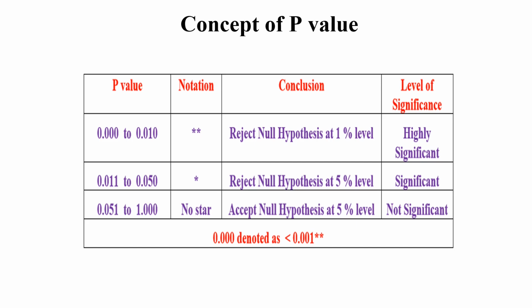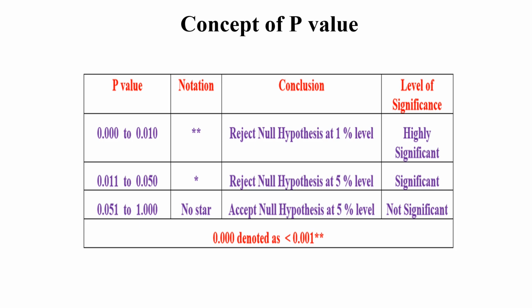If the p-value is between 0.000 and 0.010, it is highly significant. We need to say that there is a highly significant difference, relationship or influence, which indicates that we reject the null hypothesis at the 1% level of significance, shown by 2 asterisk marks.